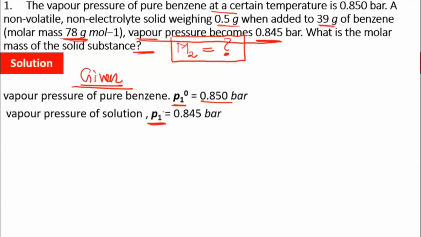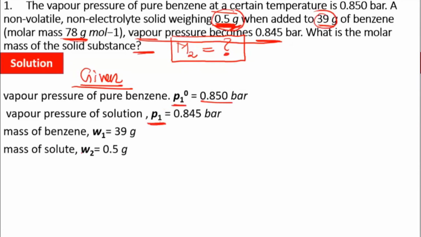Now the next one. The solute is given to you and they are saying how much is the weight of the solute also. So we can write down the solute and the solvent. Solvent is 39 gram, solute is 0.5. You can see the solute is always less. So I can write here mass of the benzene, W1, is 39 gram, and mass of the solute, W2, is 0.5 gram.